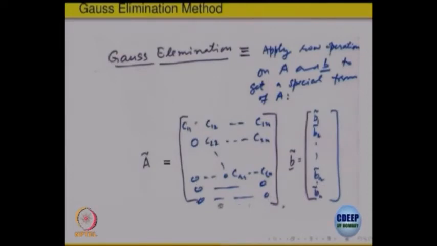That is the form after applying elementary row operations, and of course, the vector b will get changed to something else, that is the vector b tilde. So, the original matrix A is transformed to A tilde, which is of this form, and the vector b gets transformed to b tilde, because whatever operation you are doing on the left hand side, you have to do on the right hand side also.